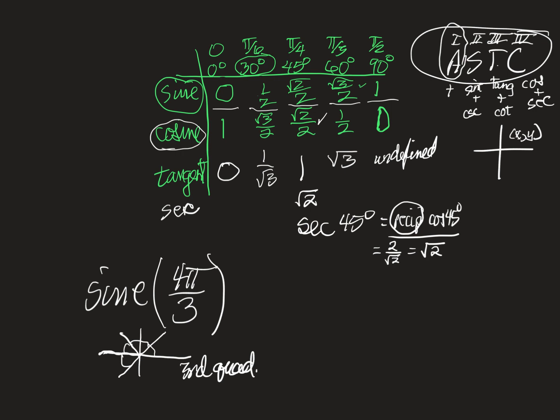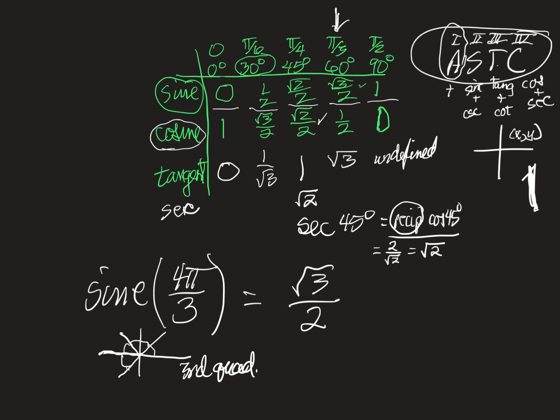Since its reference angle is pi over 3, the value I'm looking for would be square root of 3 over 2. However, sine is negative in the third quadrant.